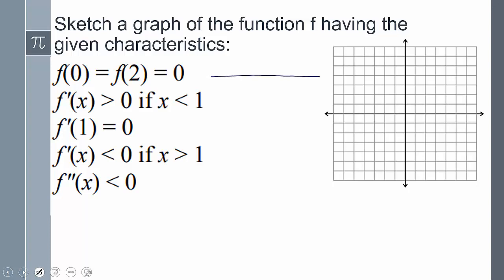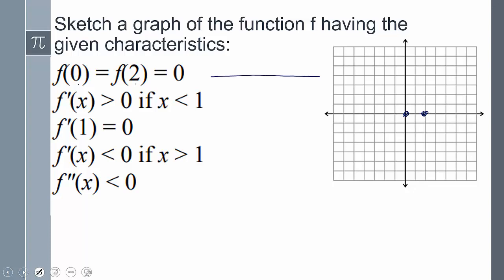It's saying that at 0 and at 2, the function is 0, so I know it can cross there.